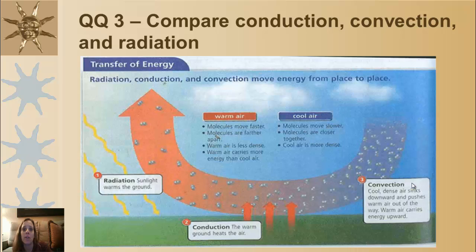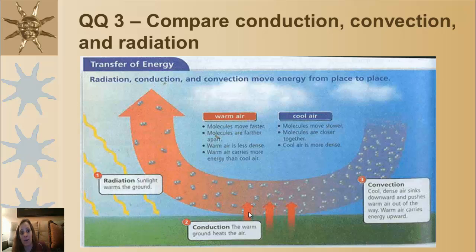Alright, so I want you to compare conduction, convection, and radiation. How do they move? Where do they come from? What are their sources? They move energy from place to place. Radiation is the sunlight warming the ground, coming in via waves. Conduction: the warm ground heats the air, so the radiation from the sun is absorbed by the ground.